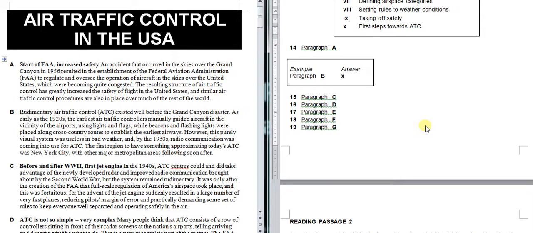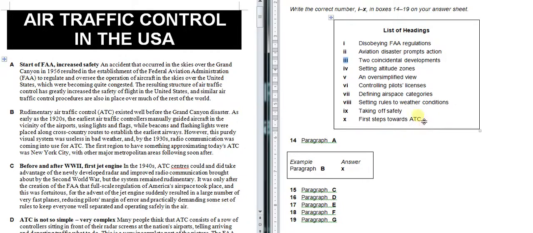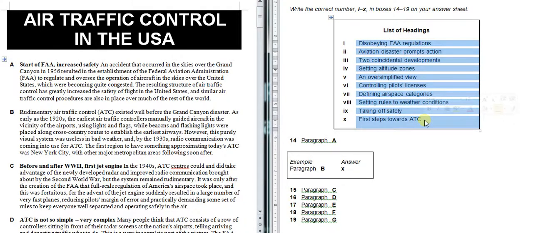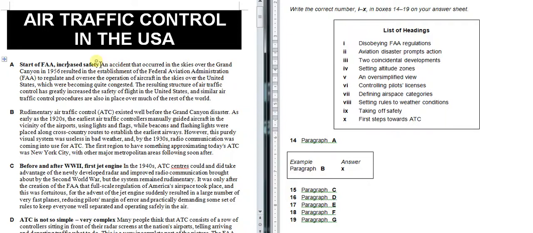So if you're practicing, set a timer for 10 minutes and try to do it within that time limit. Now we have all of our summaries ready. We're going to match each summary with one of these headings. Okay? So let's start with the first one.